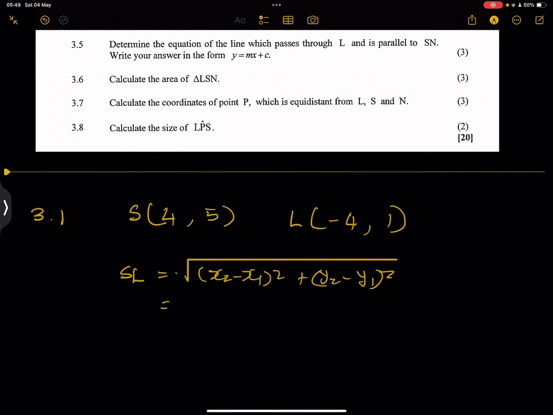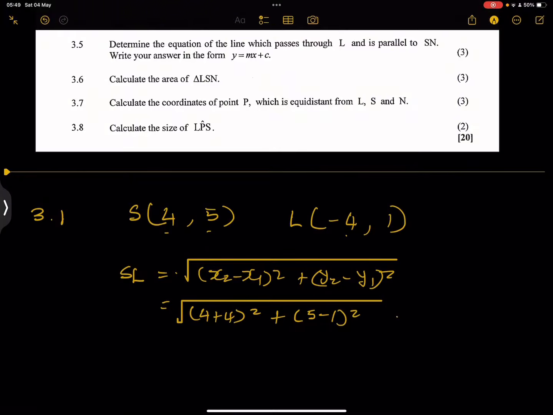So if we substitute our values, we've got 4 minus a negative 4, so this becomes 4 plus 4 squared, plus, what about our y values? That's going to be 5 minus 1, so 5 minus 1 all squared.